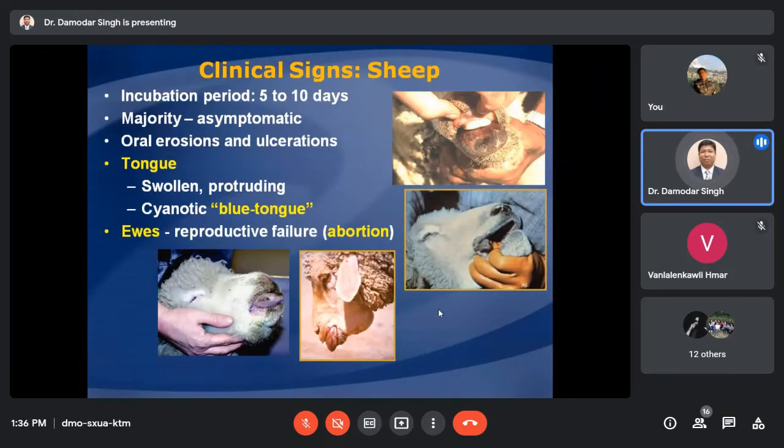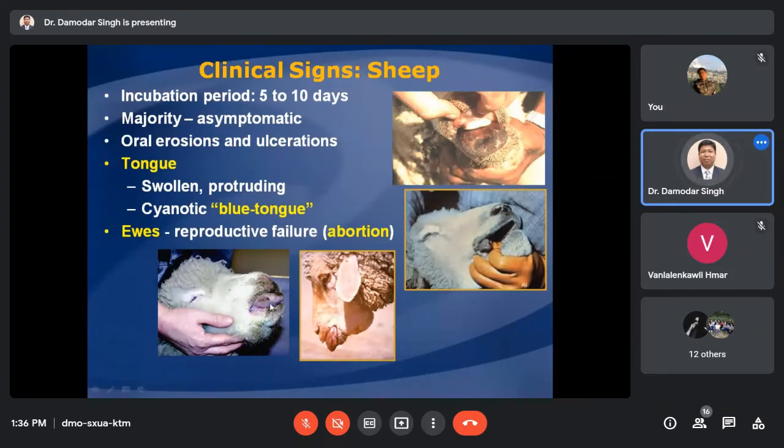In those cases, you will have oral erosions and ulcerative lesions in the oral cavity. The tongue is most commonly affected. It becomes very much swollen, may remain protruded out of the mouth cavity, and turns blue in color, like cyanosis. Blue tongue, that's why the name, as I'm showing here.